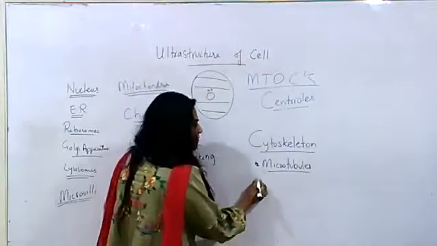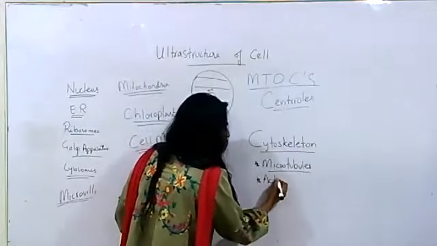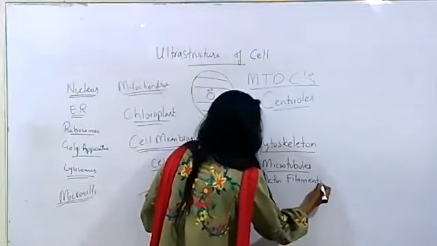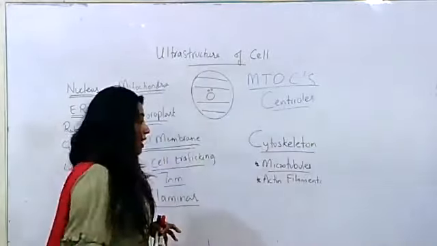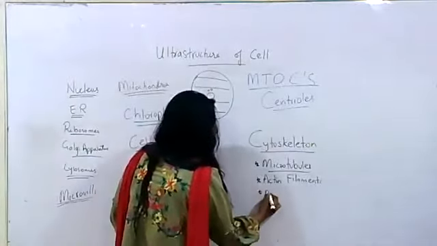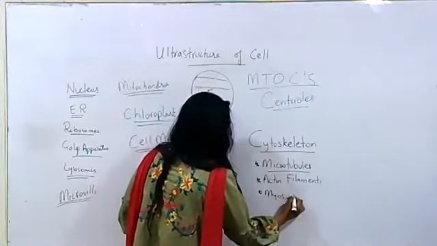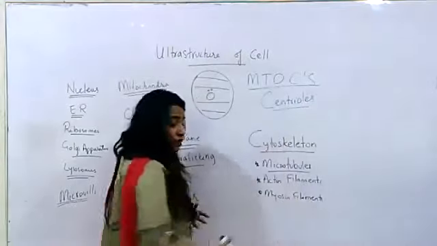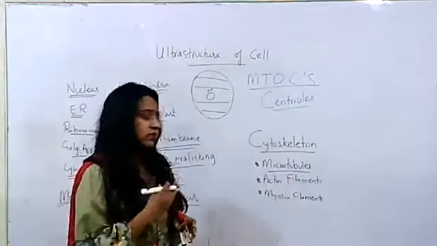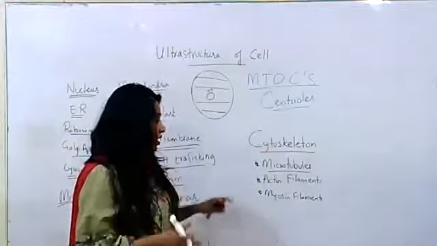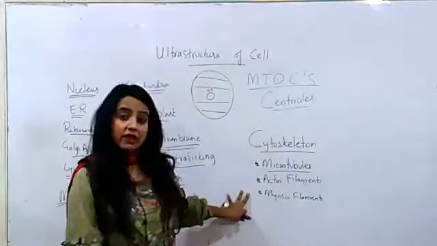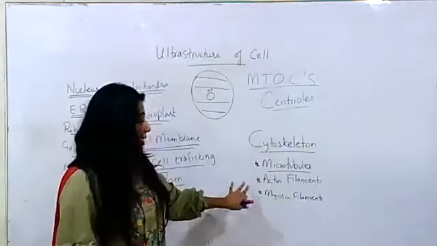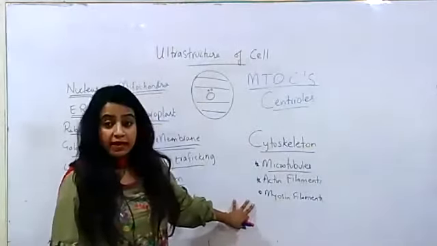And it is made up of actin filaments, a specific protein called actin, and a specific protein called myosin filaments. So these make up the cytoskeleton. And there are other things as well, like calcium, phosphate, etc. But these are three of the major backbones that make up the cytoskeleton: microtubules, actin filaments, and myosin filaments.